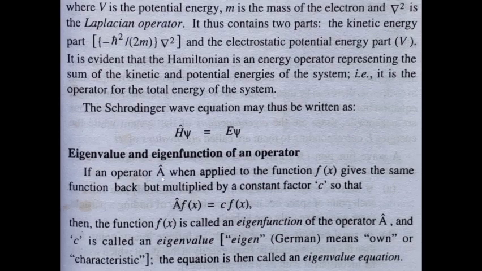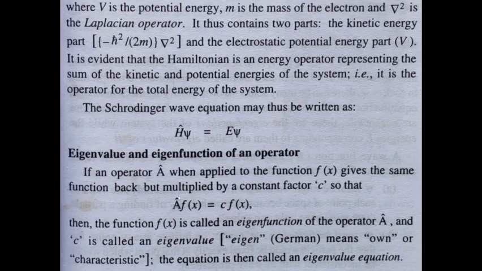Eigenvalues and eigenfunctions of an operator: if an operator A hat, when applied to a function f(x), gives the same function back but multiplied by a constant factor c. So here the operator A is acting on f(x), and we are getting f(x) multiplied by a constant c.